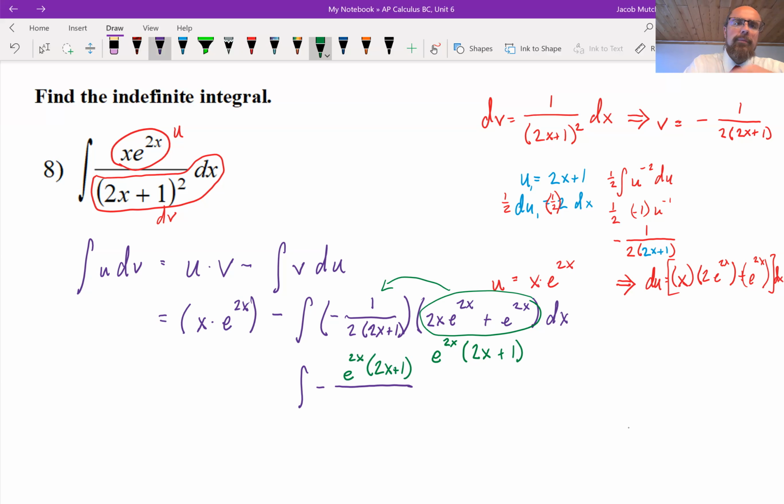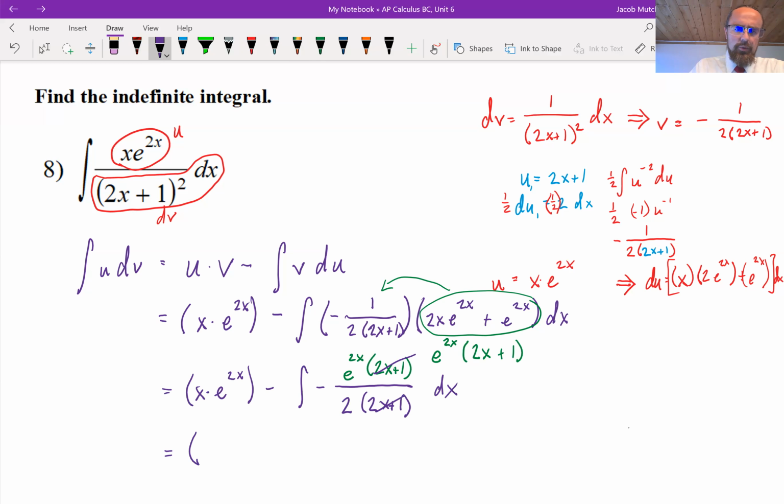And then let me just bring back what was already in the denominator, 2 times 2x plus 1. And lo and behold, we've got a cancellation that's really going to make this integration a lot simpler. So I'm going to bring back my other pieces here. So I'll bring back the x, e to the power of 2x, and the minus. And let's pick up right there.